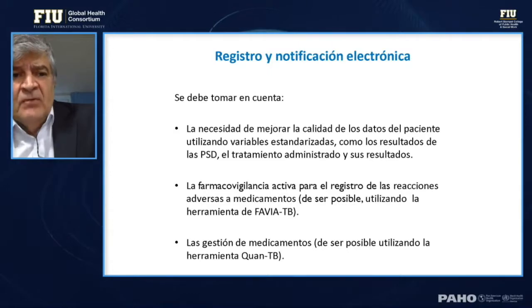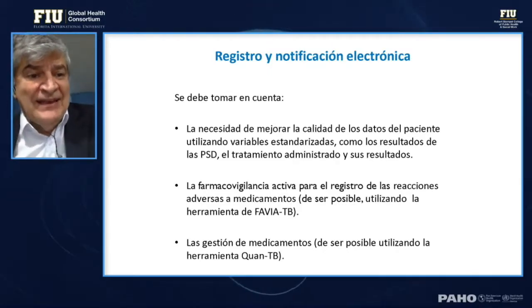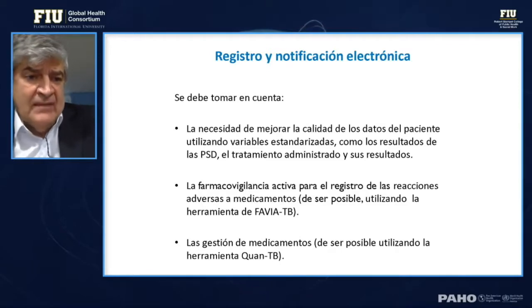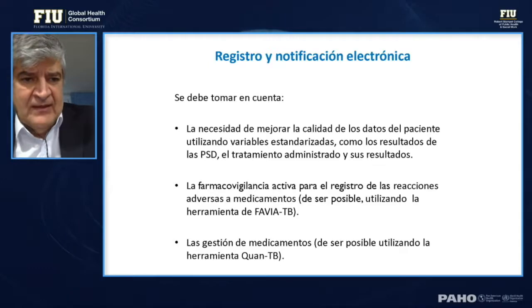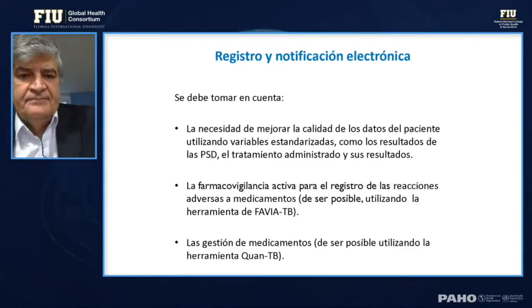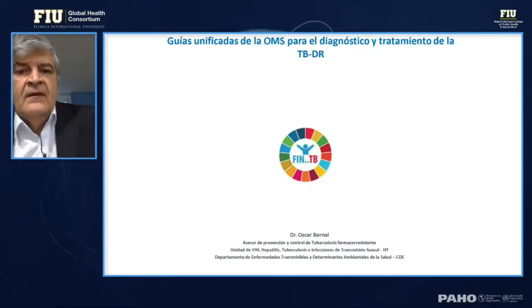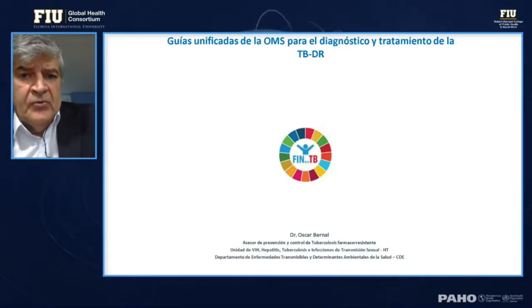If possible, the FAVIA-TB tool has to be used, and for drug management, if possible, the QuantTB tool. It is a little bit more complex with the addition of COVID. We've seen the problems that we encounter to acquire the supplies and drugs, so a better drug management needs to be implemented.